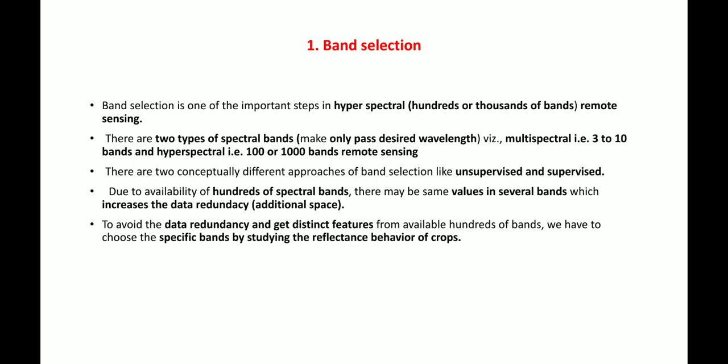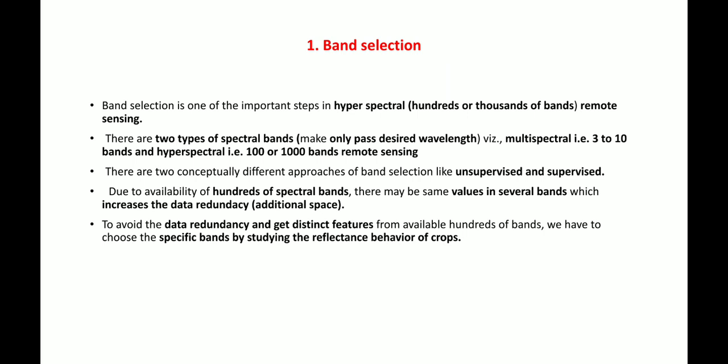Due to the availability of hundreds of spectral bands, there may be similar values in several bands, which increases data redundancy. This redundancy means additional space will be consumed, and to avoid this extra space and to get distinct features from the available hundreds of bands, we have to choose the specific bands by studying the spectral reflectance behavior of the crops.